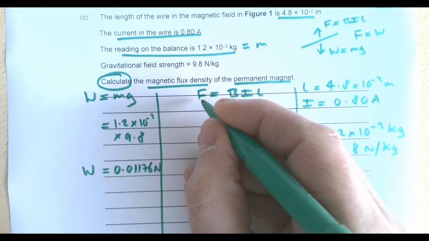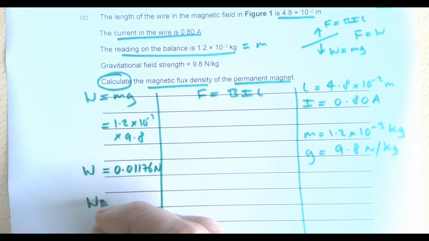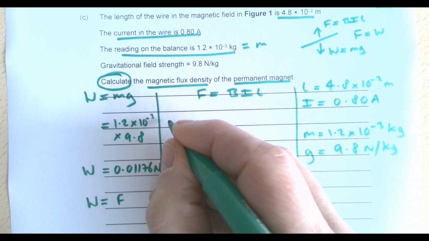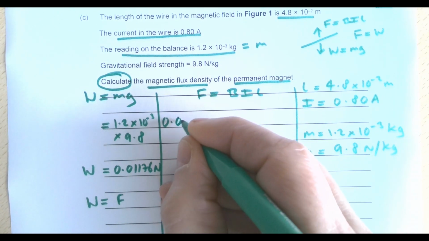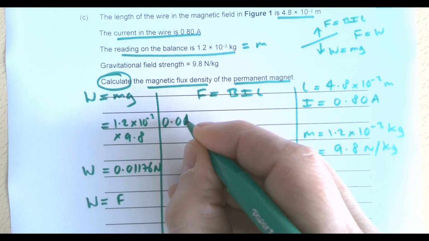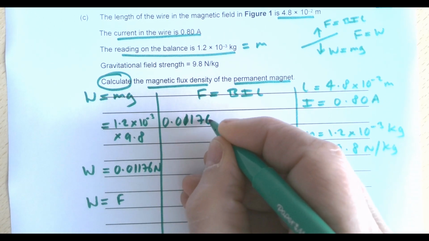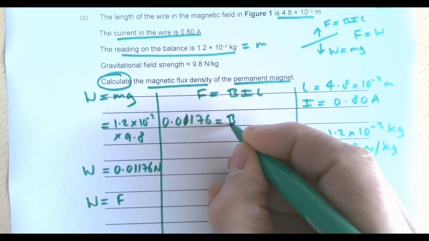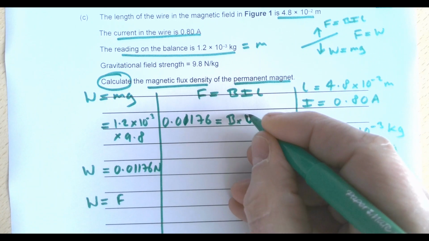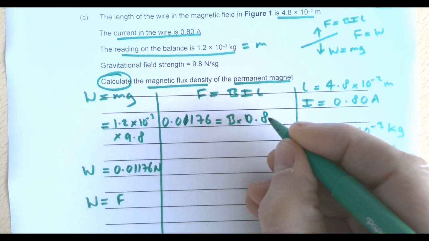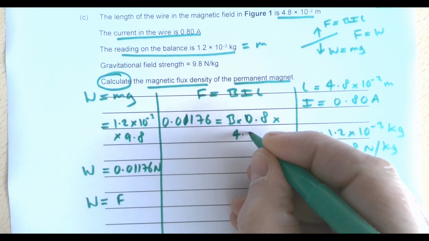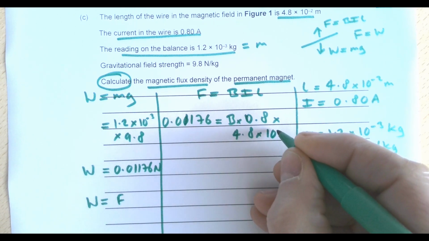So I know that W equals F. I'm just going to restate that. So F is going to be over here. It's going to be 0.01176 is equal to B times the current, which is 0.8 times by the length, which is 4.8 times 10 to the minus 2.